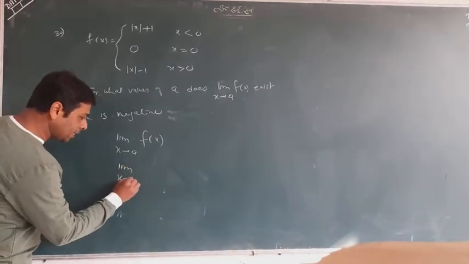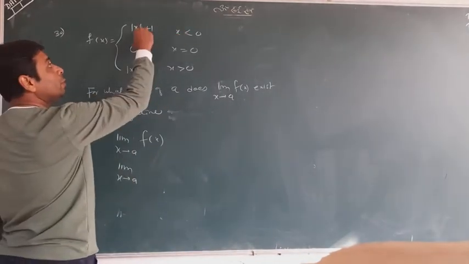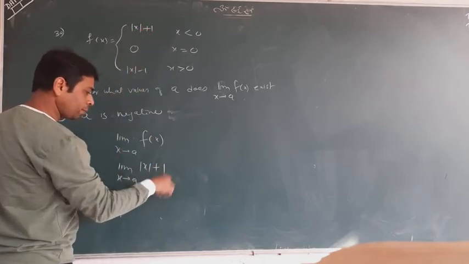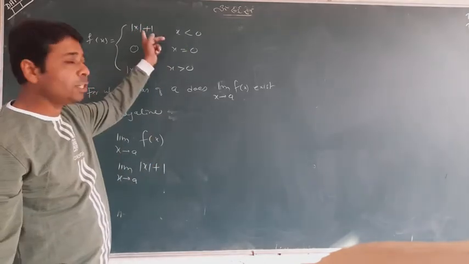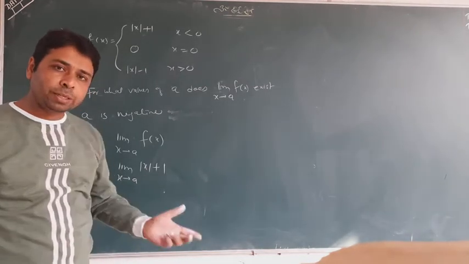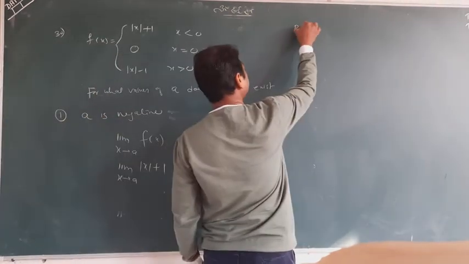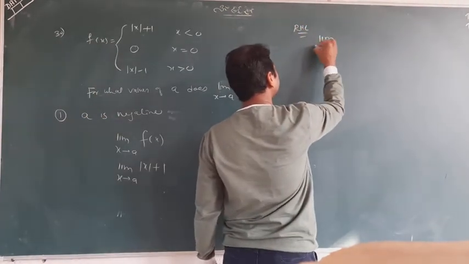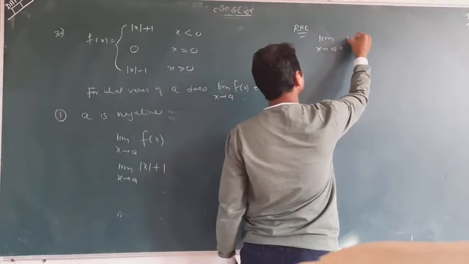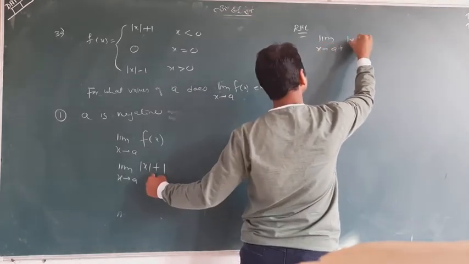This time the function will be mod x plus 1, x less than 0. Now I take the right hand limit and left hand limit. First the right hand limit of mod x plus 1.